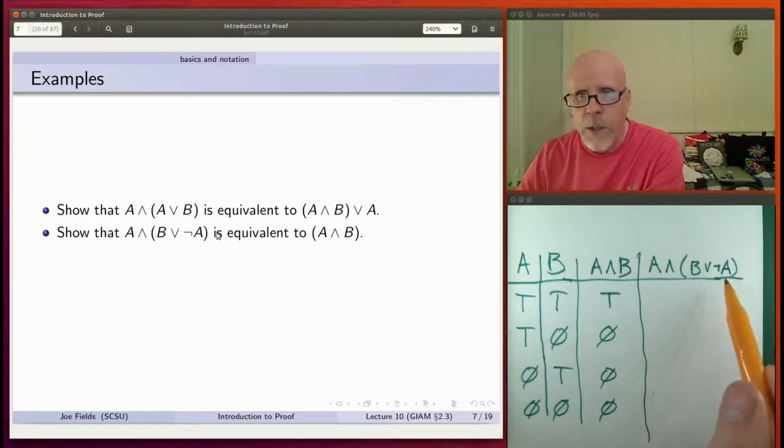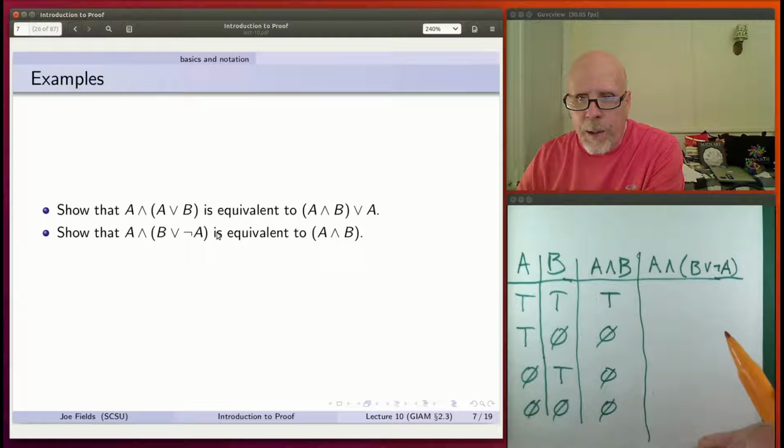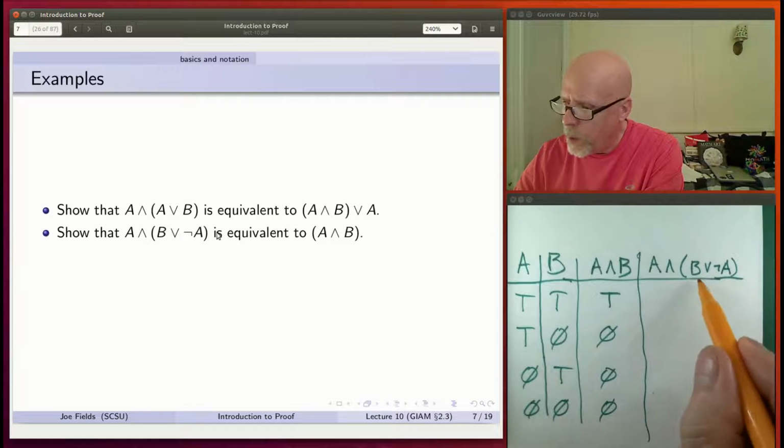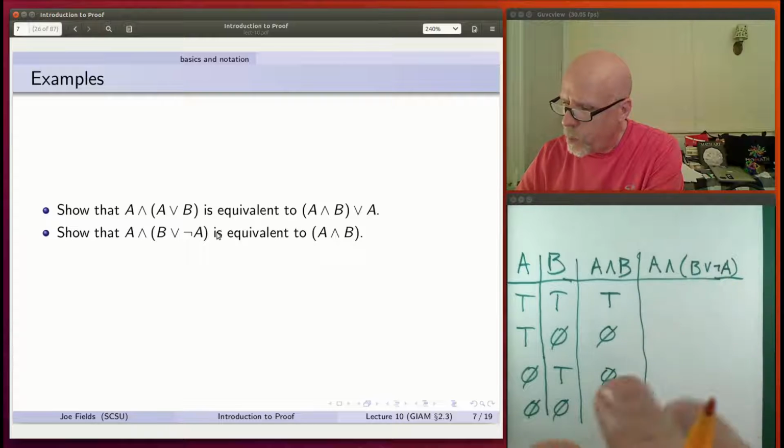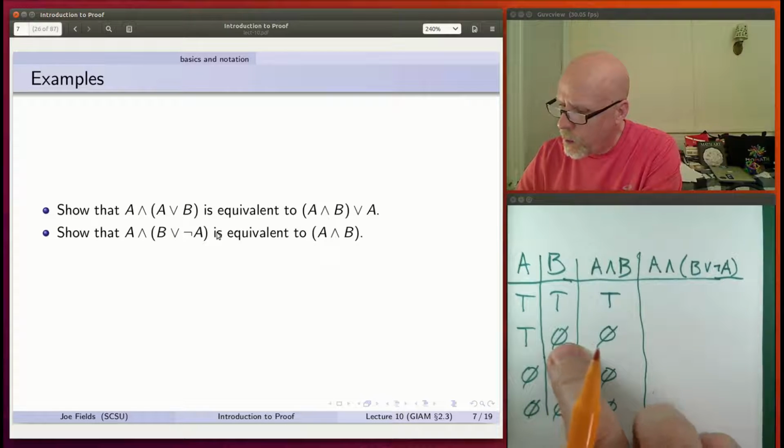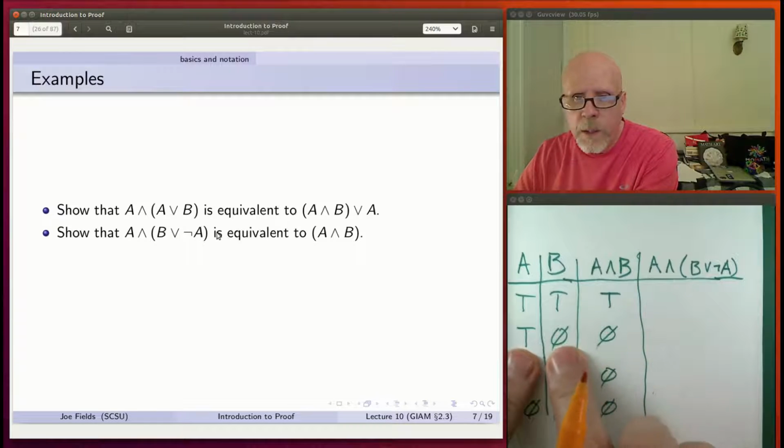It's a disjunction, an or. So, or sentences, that's the ones that are true most of the time and false in one position. Where is B or not A going to be false? It's where B is false and A is true. It's right there.